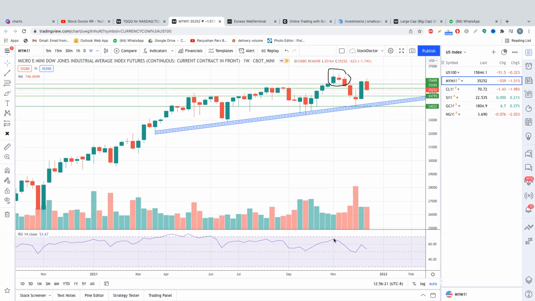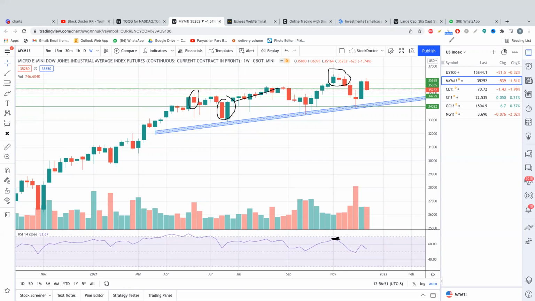And RSI was almost near 70. If you see in the past, on the weekly time frame, here it created the hanging man, and then went down, and then you can see here on the trend line it took the support. It created a bullish engulfing pattern, clear cut, and then from there it went up.